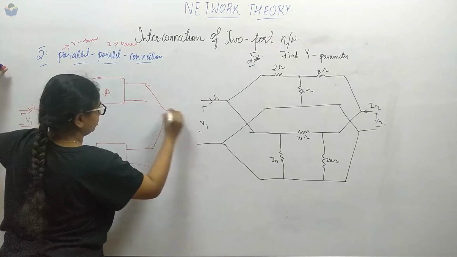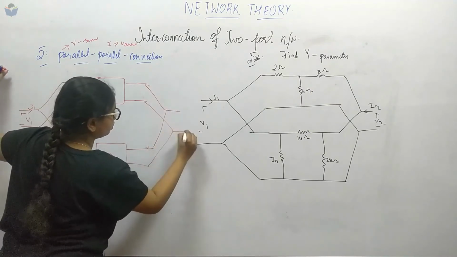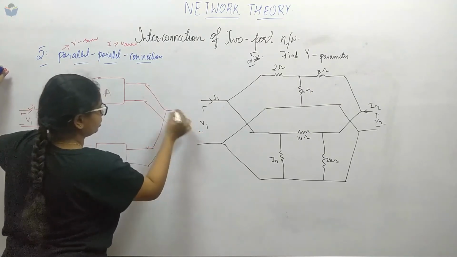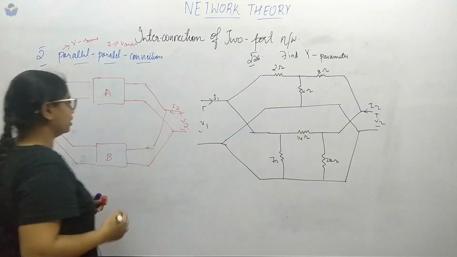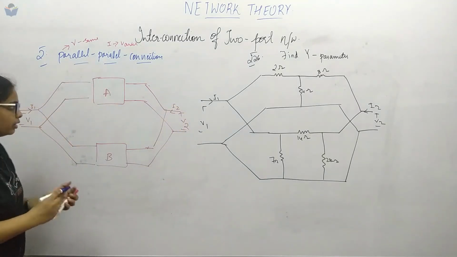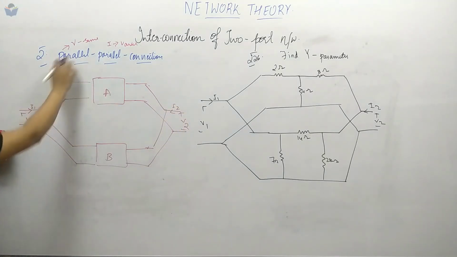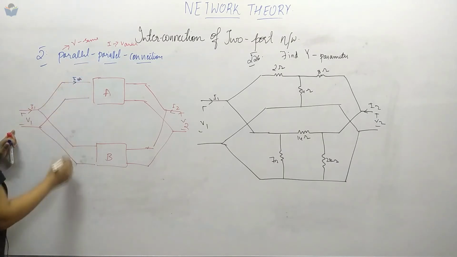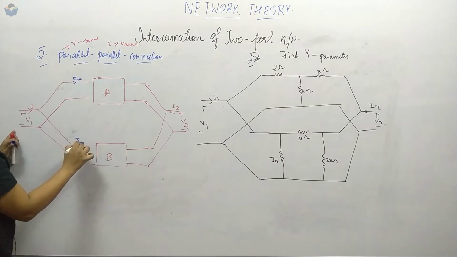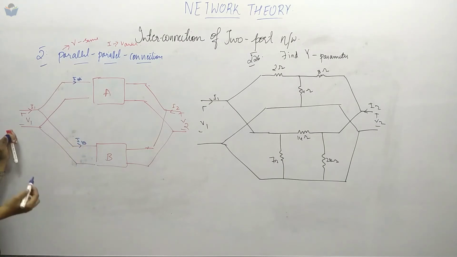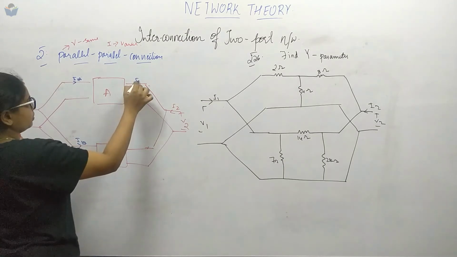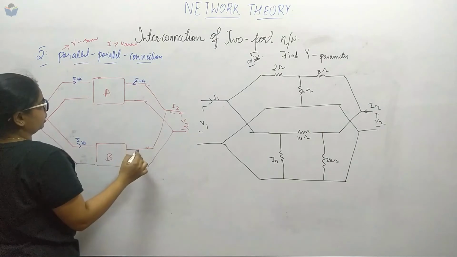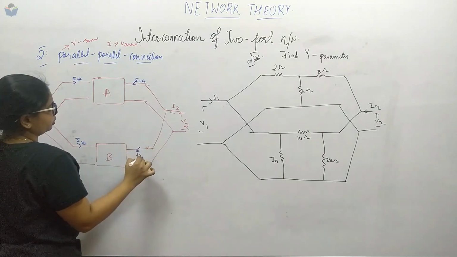Then we have the second terminal, and this is V2 and this is current I2, right? Now in this case I1 is varying, so here there will be a different current I1A and here a different current I1B. Here also the same thing, I2A and here it will be I2B.